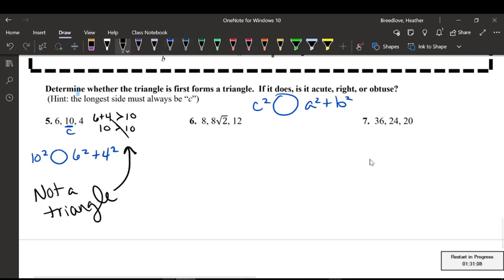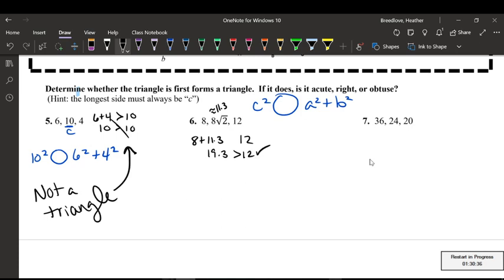So, well, I guess we do need to add them together, don't we? 8 square root of 2 is about 11.3. So first, 8 plus 11.3, is it greater than 12? So that would be 19.3 is greater than 12. Yes, so it does form a triangle.